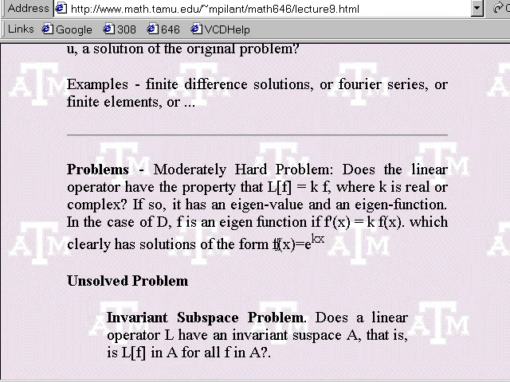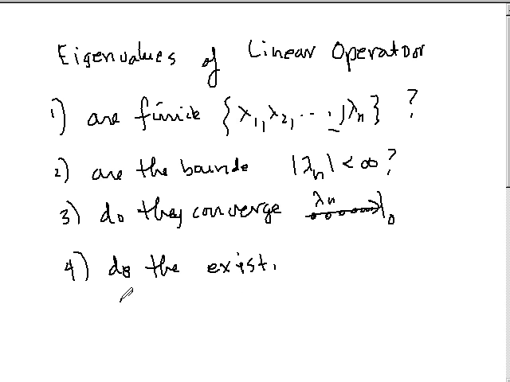For example, the derivative really has continuous spectrum if you don't have boundary values, because if you look at f prime equals lambda f, the derivative of f equals lambda f, this has a solution f equals e to the lambda x.